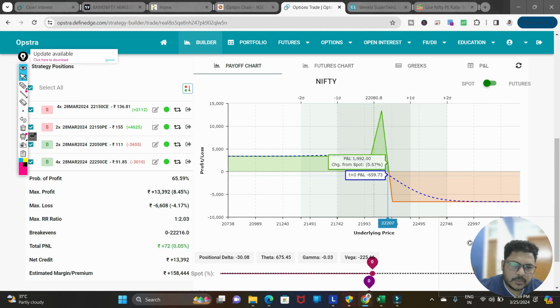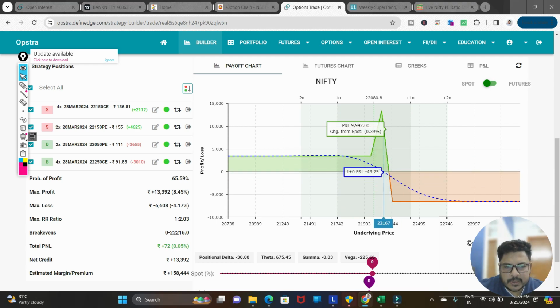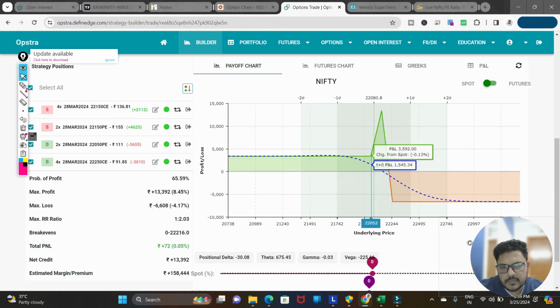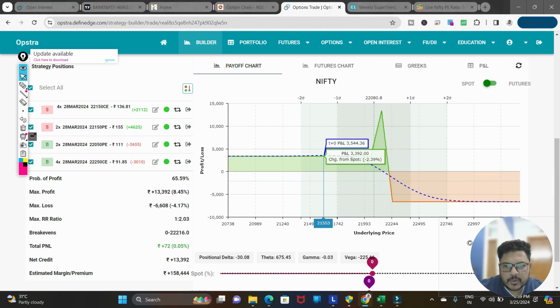If the market turns bullish, the maximum loss I will take is I'll wait till 22,254, and if it doesn't reverse, then I have to do some kind of adjustment, which I'll talk about in my later videos. If not, we'll capture whatever profit we can make.